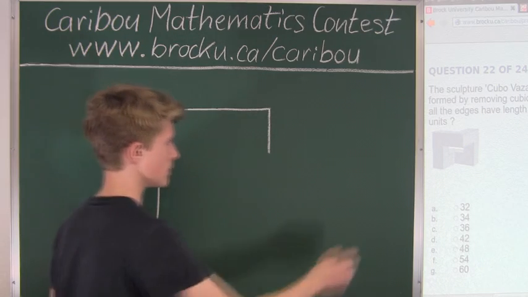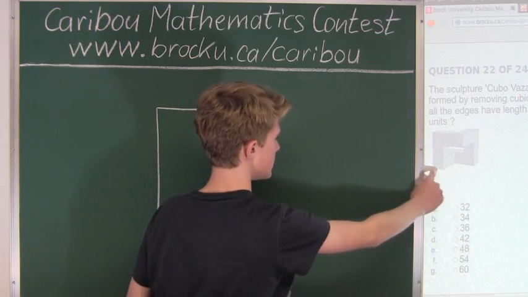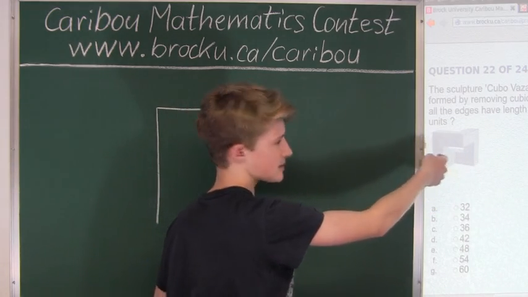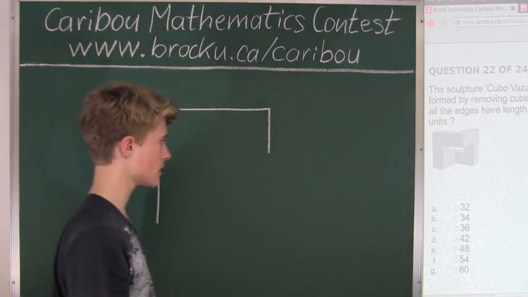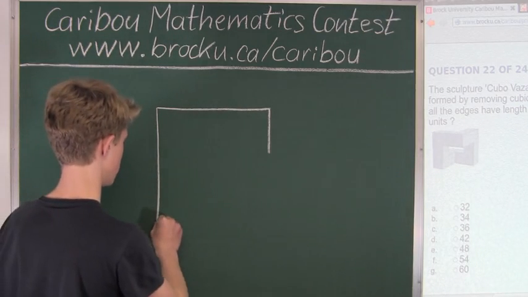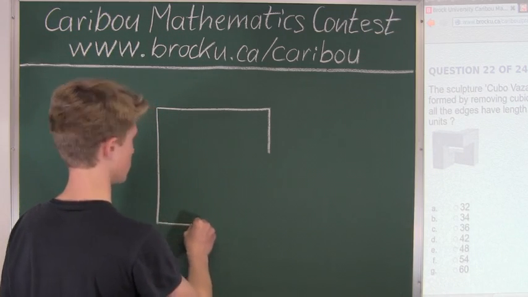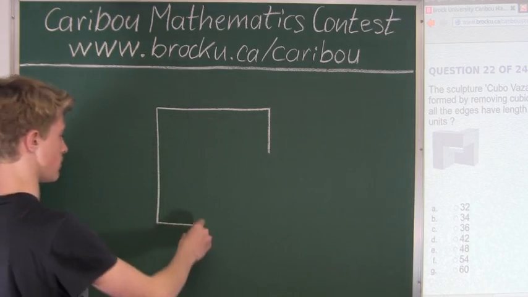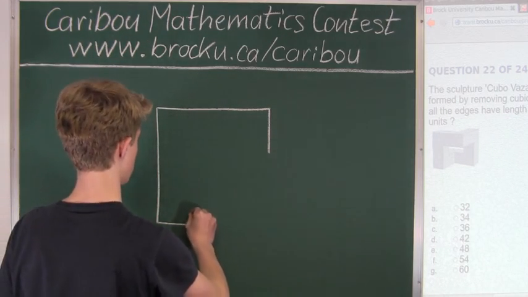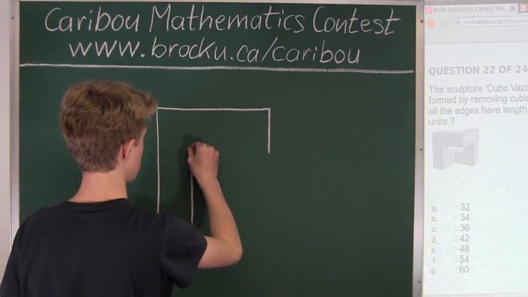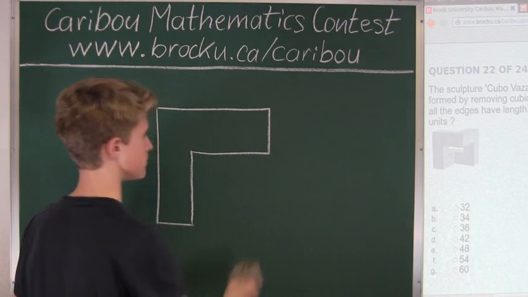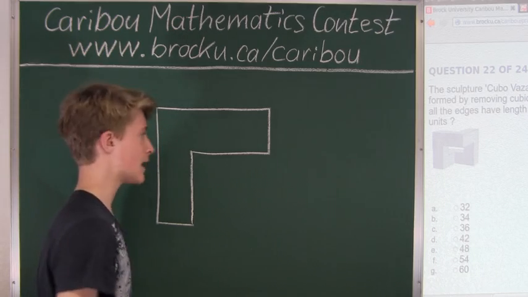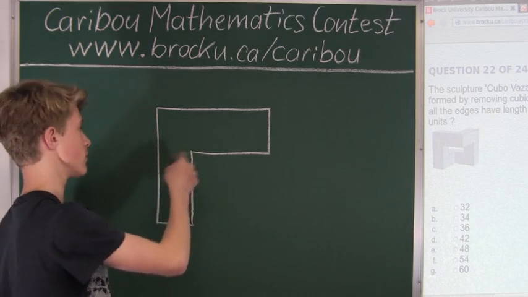And this right here is about 1, because it's either 1 or 2, and 1 would be more logical. And it will go up and form this little shape. So now this would be the shaded area of the left and the top.